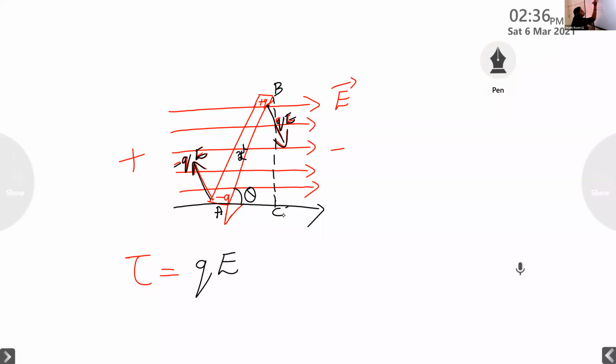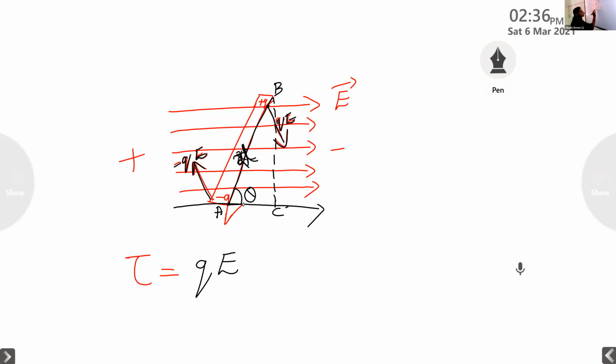And we know the distance of separation between minus Q and plus Q. It is separated by a distance 2L, right? And this 2L is inclined at the angle theta.